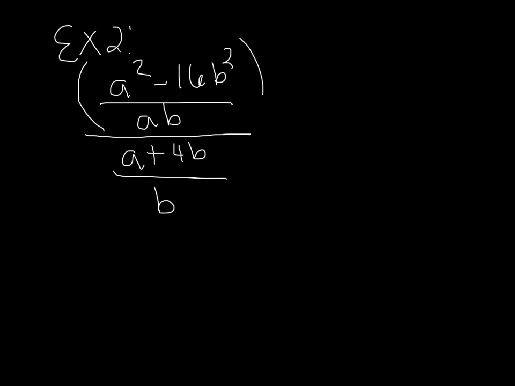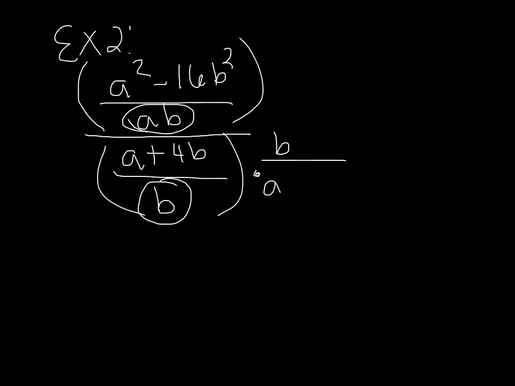Now if you just have a single term in your numerator and your denominator, down here, then we can just use the same method that we used last time and multiply by the reciprocal of the denominator. So I'm going to multiply top and bottom by b over a plus 4b.